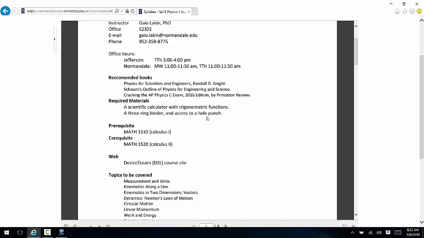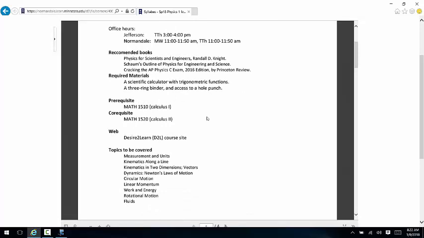It does not have to be 3-ring. If you have a 4-ring binder or something, I'm not against a different number of rings. So here's what I want in your binder. I want all of your notes that you take in class, and if you miss class, I want you to print out my notes and put that in there, or watch the video and take notes and put that in there.